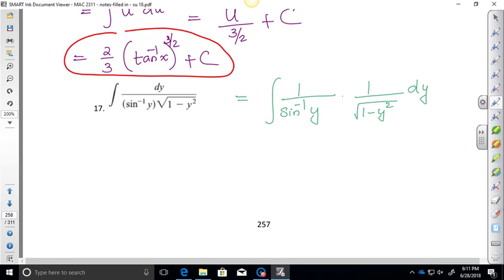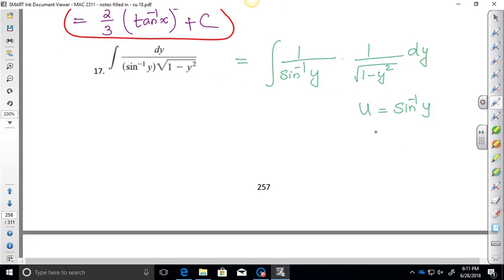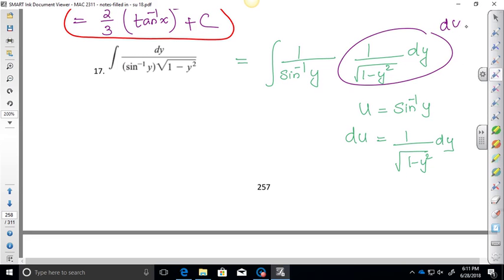So u equals sine inverse y. What's du? 1 over square root of 1 minus y squared dy. So this whole thing just becomes du.